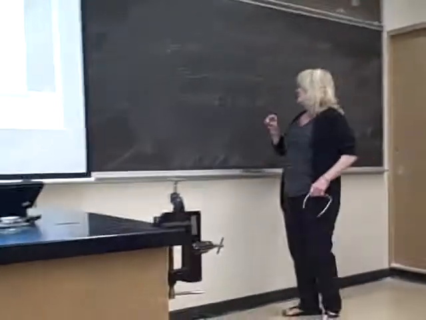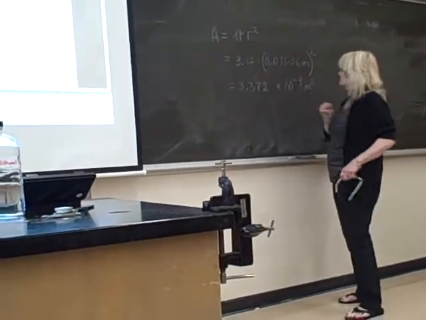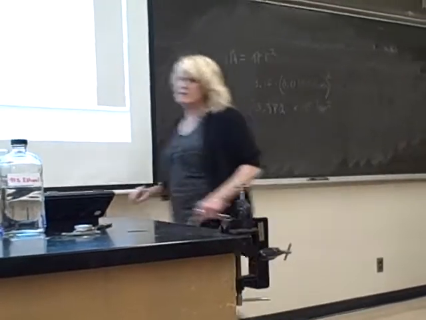It's 3.3718. 3.3788, did you say? 1 or 9, 1 9 if you round up. Okay, so I'll just do 2. Can I do 2? Yeah. 3.372 times 10 to the negative 4. Thank you. I am so sorry about that.